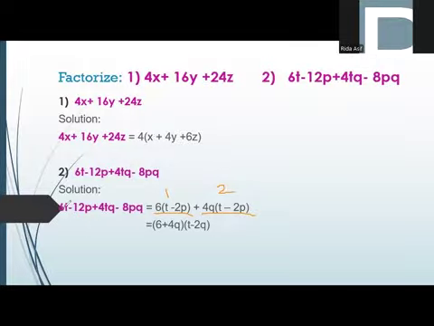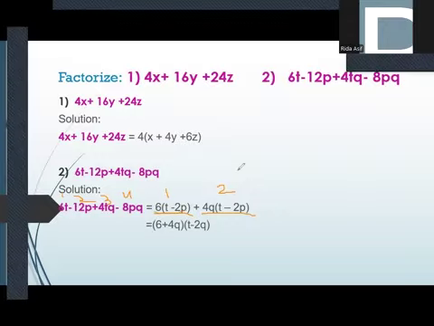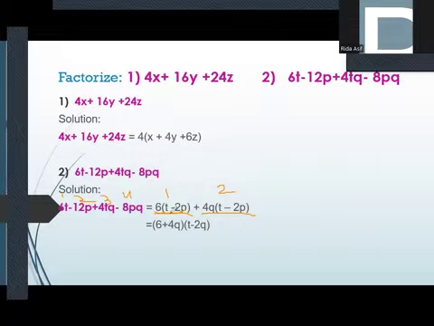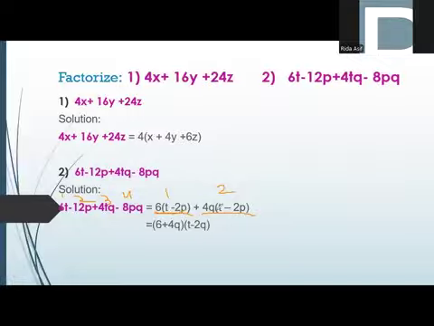The question is given in 4 terms, 1, 2, 3, 4, but after taking out the common from the pairs, we get only 2 terms. Why am I saying so? Because here 6 is multiplying with t minus 2p and 4q is multiplying with t minus 2p. When these are multiplying, this becomes only a single term, right?